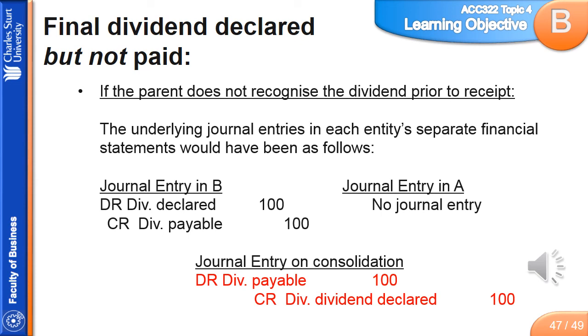However, there'd be no journal entry in the parent A. Therefore, the consolidation journal entry would only need to reverse that subsidiary entry via a debit to dividend payable and a credit to dividend declared for $100. This is even backed up on page 1010 that says it's assumed the company is expecting to receive the dividend and the parent recognises it when it is declared, so prior to receipt.